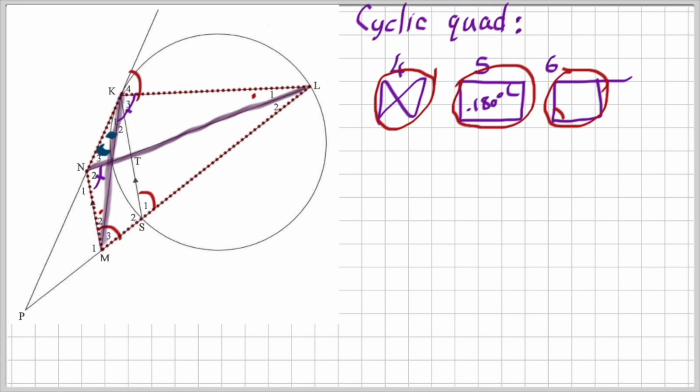Okay, this shaded area there and that part there. Okay, which angles are going to be the same? K1 and L2 and N3 and M3. Okay, let's see if I wrote this in. Yes, I did. K1 and L2 and N3 and M3.